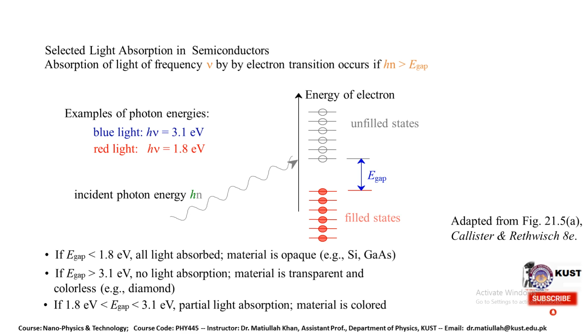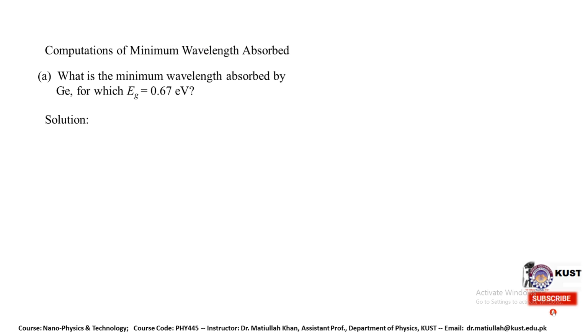So the absorption process in a semiconductor material depends upon its band gap. That is why semiconductors are very interesting, in the sense that they can absorb a wide range of light, and we can modify the band gap, leading to the absorption of various wavelength photons.